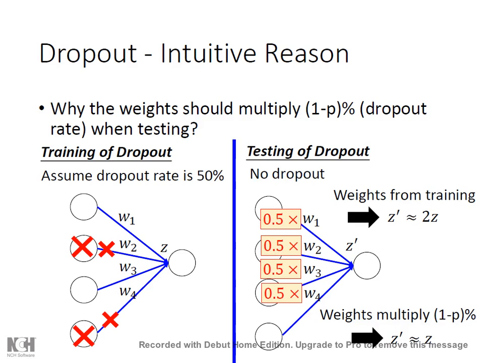After every neuron's weight is multiplied with 0.5, you see, the Z prime will approximate to Z. Okay, so it's the main idea. Is it clear? Yeah, I think just use your intuition to think about it.